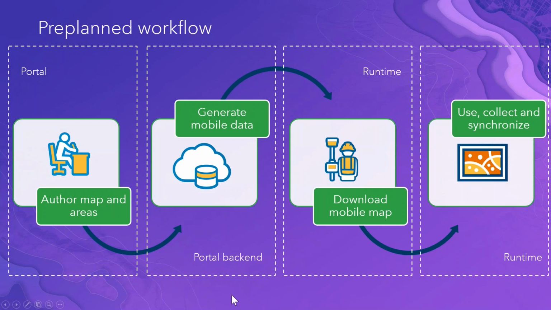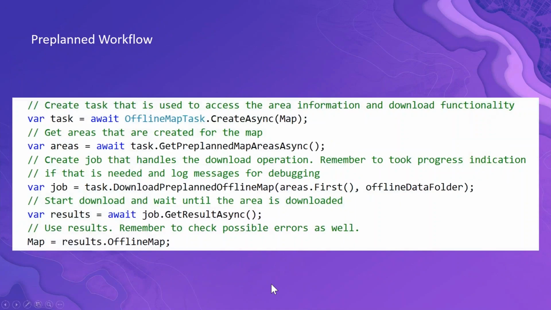And then when the client connects to the web map, it can request if the map's able to be taken offline, and then if there's any pre-planned map areas that are available. And if there are, then you can just request to download it, and it does download it directly to the device itself. And then once it's there, it can be used in a similar way for collecting information and synchronizing back up to the server.